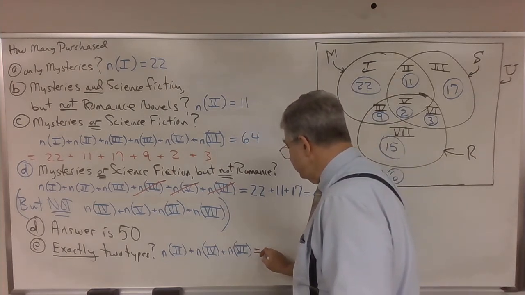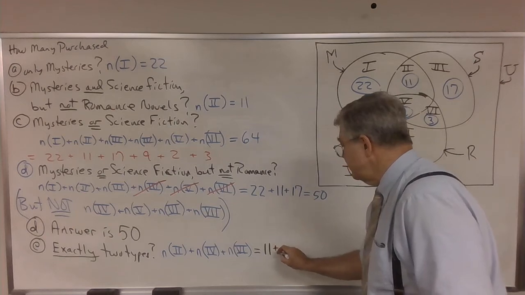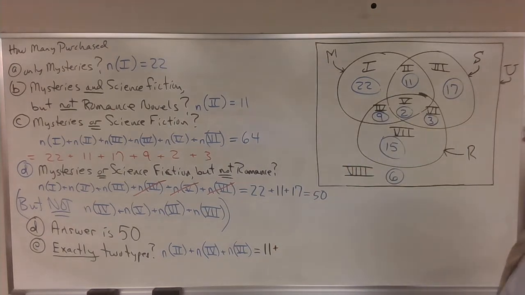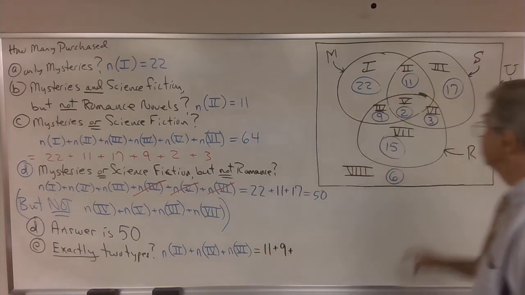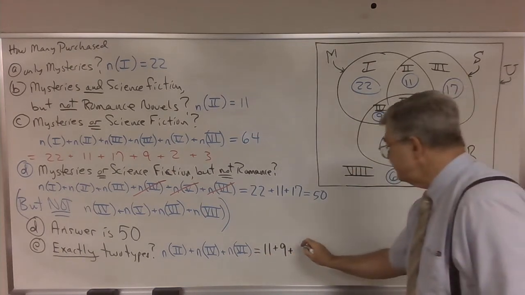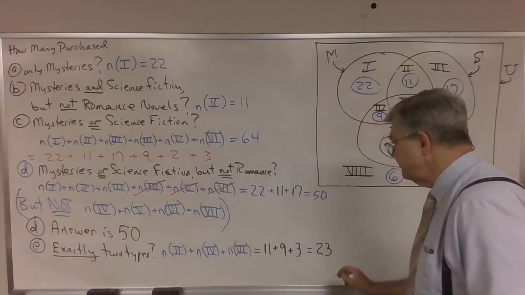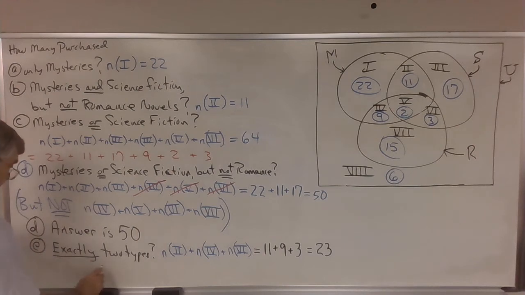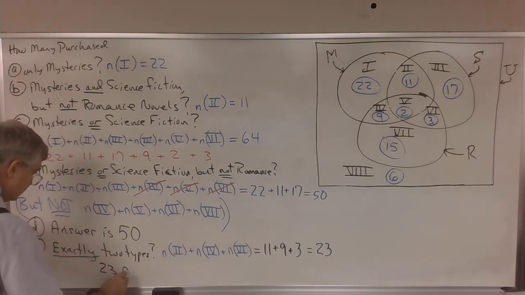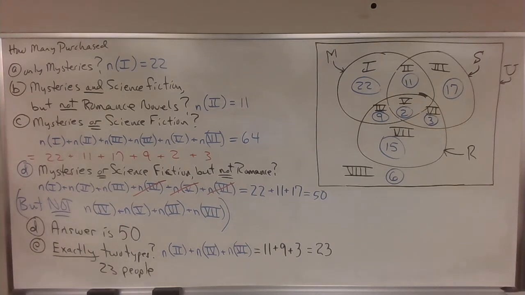And so that's going to be region 2, 11, region 4, 9, region 6 is 3, so that's 23. So the answer to part E is 23 people.